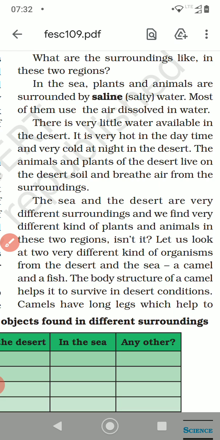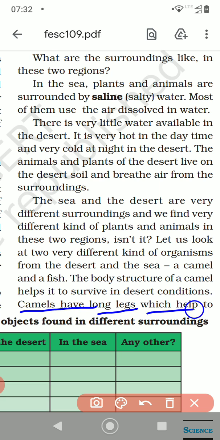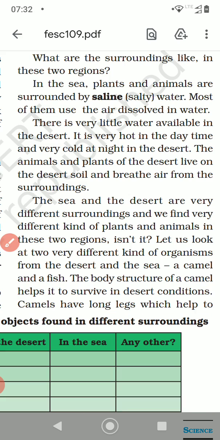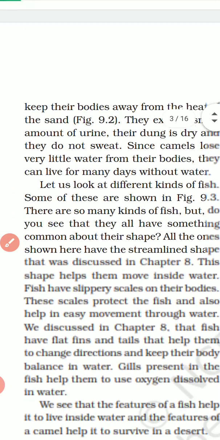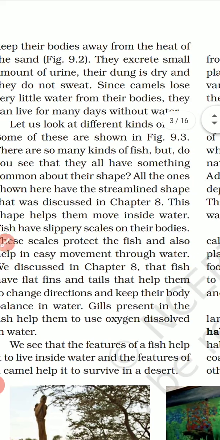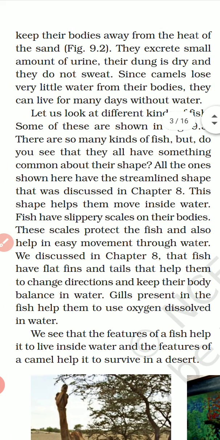The body structure of a camel helps it to survive in desert conditions. Now, here you have to underline because these are the adaptations. Camels have long legs which help to keep their bodies away from the heat of the sun.